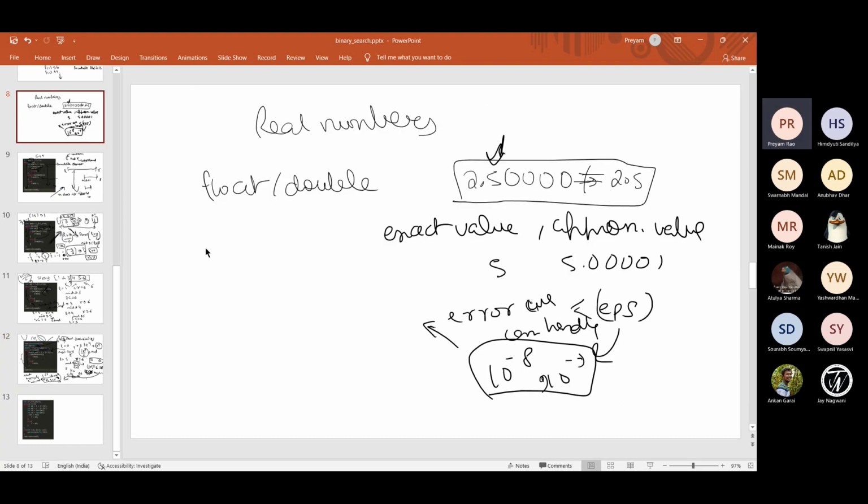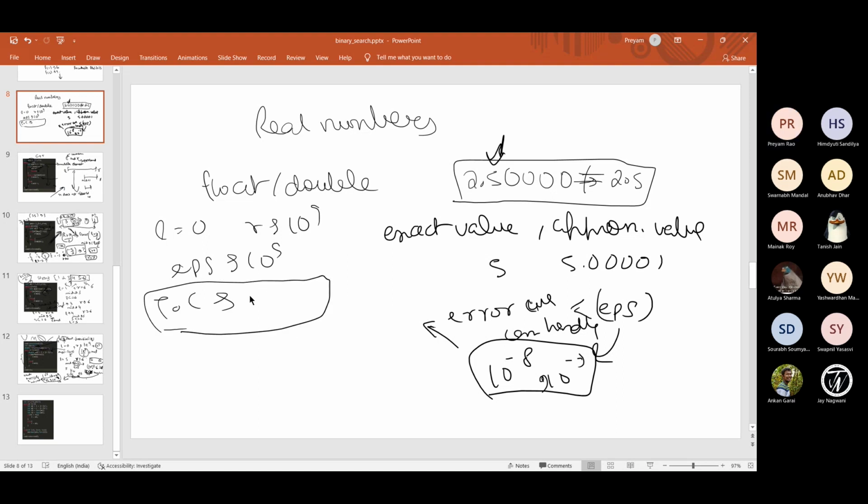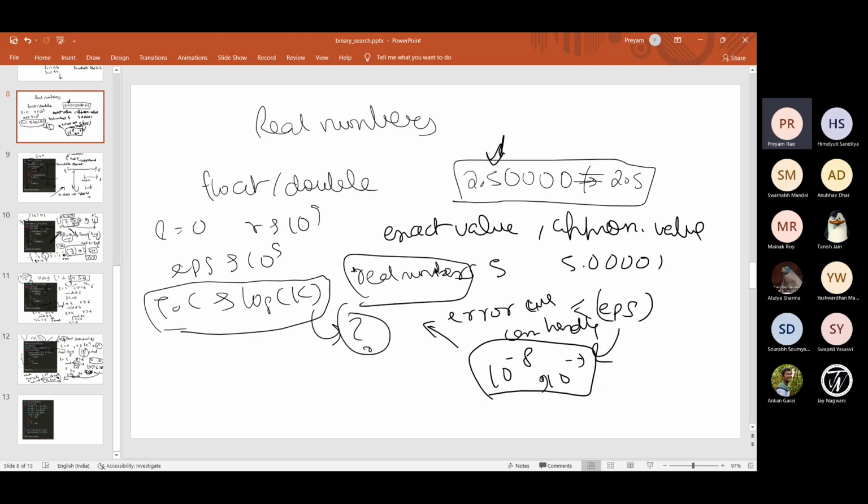But one interesting thing with this: let's say your L is equal to 0, R is equal to 10 power 9, and epsilon would be equal to 10 power 9. Can someone tell me what the time complexity of this would be? You know, it's log of something, right? Can you tell me what this something is in the case of real numbers, not integers, real numbers?